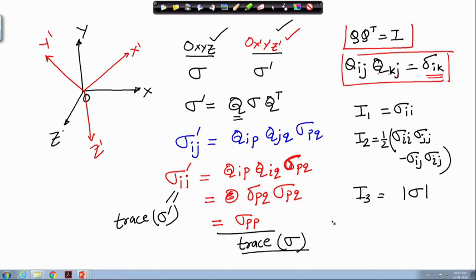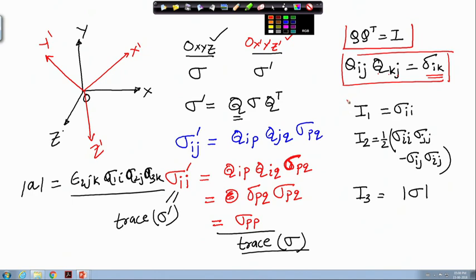If you recall, for any matrix A, the determinant is written in indicial notation as epsilon_ijk, the permutation symbol, times A_1i, A_2j and A_3k. So, this is how you can write the determinant of any matrix. So, this is the third invariant.